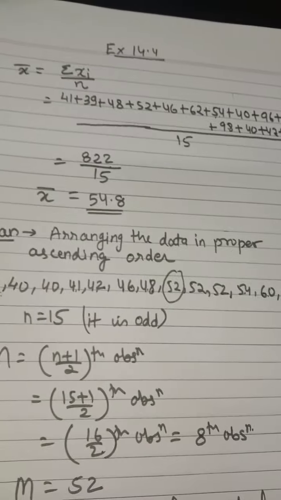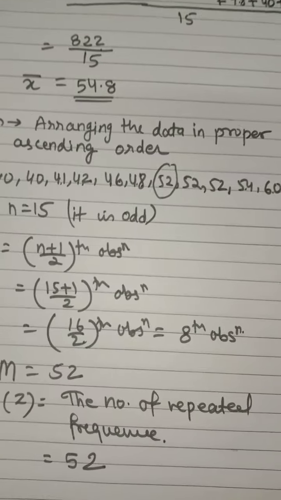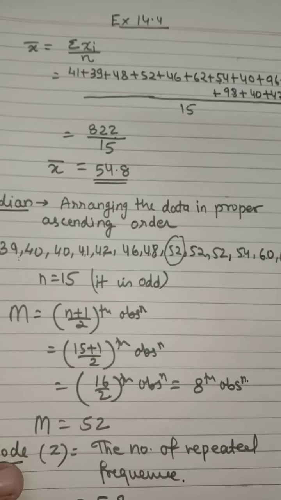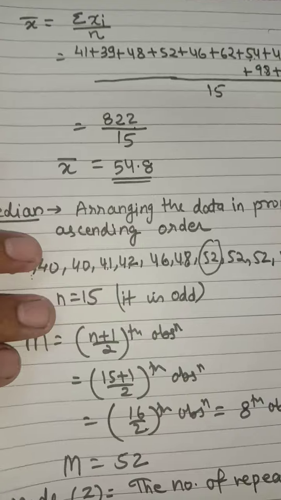No doubt 40 is also there twice, but 52 is given 3 times. So we will write here mode is equal to 52. So that is all about question number 2. You have to follow the same procedure when you are solving the numerical.